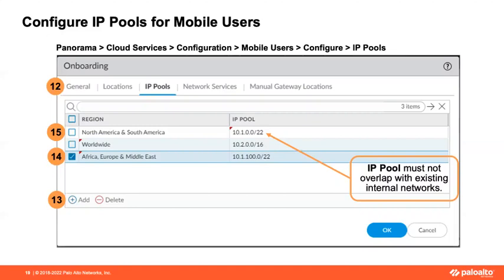Well, we need to do the same thing with Prisma Access for mobile users. We need to have a pool of IP addresses, a group of IP addresses that we can hand out to our users. It has to be of sufficient size to handle all the users, plus maybe 3 or 4 times that size, just to be safe.